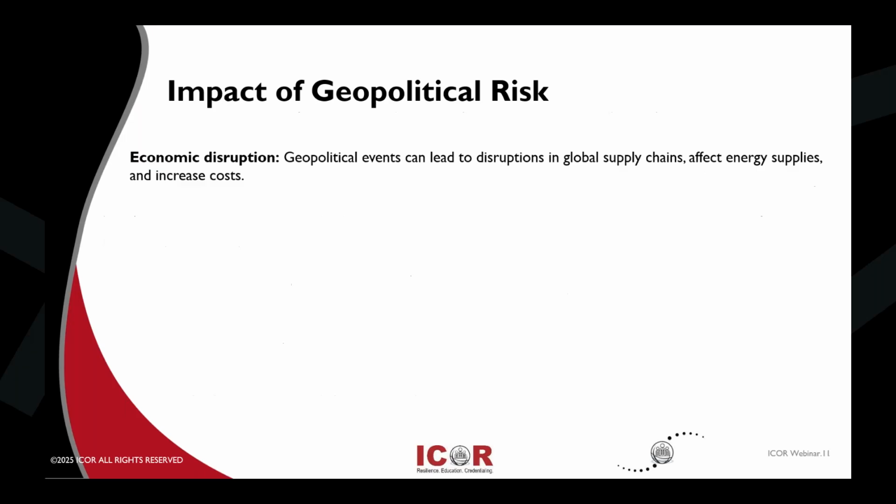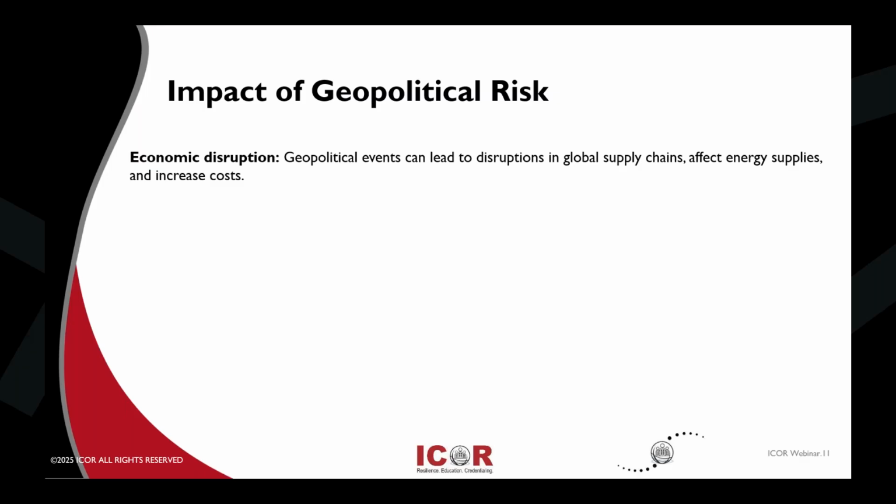So what are some of the impacts? And I'm going to use some business continuity language because I know that many of you are in the business continuity space. But we're seeing that geopolitical risk can have an economic disruption. Again, disruptions in your supply chains. Most of you have to deal with supply chain of some kind. It can affect energy supplies. We'll talk more about that. And of course, increased costs.